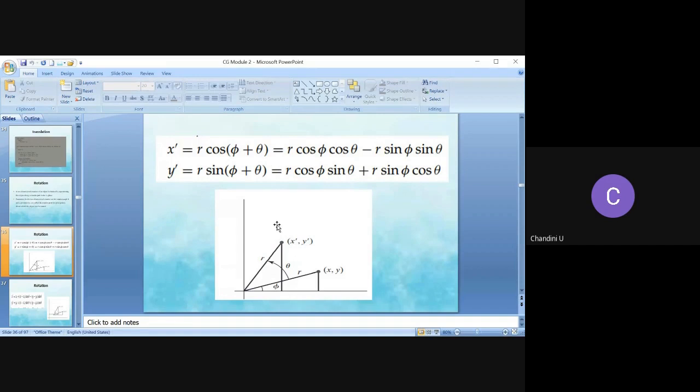That is your rotation equation, and this theta is called the rotation angle. When you say clockwise rotation, which means rotation in this direction, when theta is negative, then we say this is a clockwise rotation. If theta is positive, we say it is an anti-clockwise rotation.